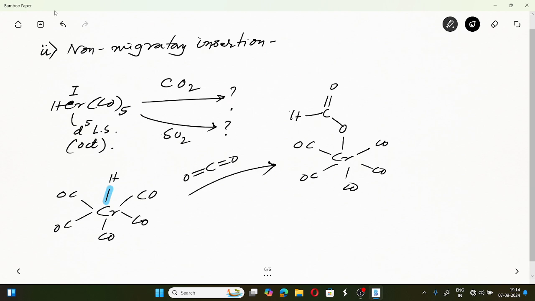So in this case it's a non-migratory insertion হচ্ছে, এবং এখানে আমরা দেখতে পাচ্ছি কি হচ্ছে জিনিসটা, এইটা এখানে যাচ্ছে আর হাইড্রাইডটা বেরিয়ে এখানে লাগছে. So it's a case of non-migratory insertion.